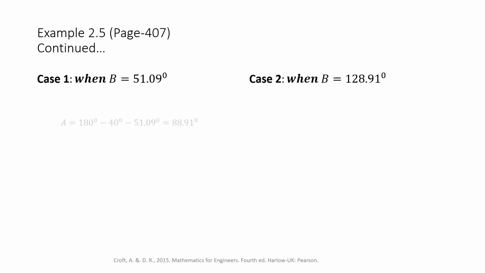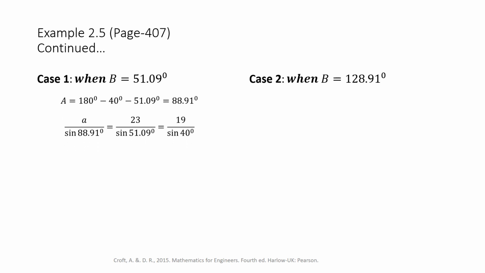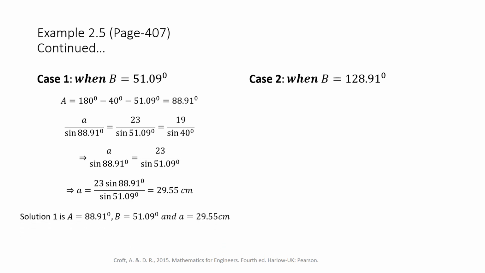Case 2, case 1, from the 180 rule we plug in values, we get A. Now we go for side a. From the first and the second ratio we can calculate side a. So the first solution is A 88.91 degrees, B 51.09 degrees and side a is 29.55 cm.